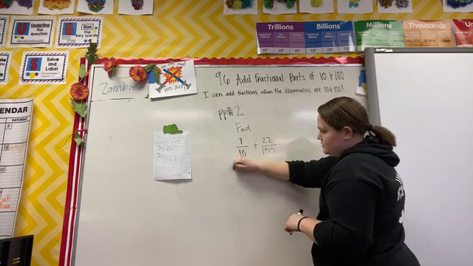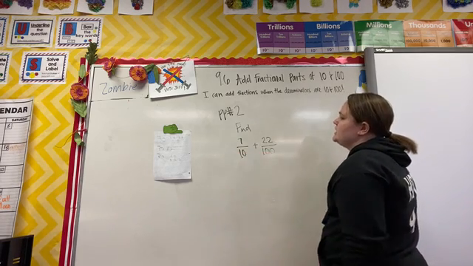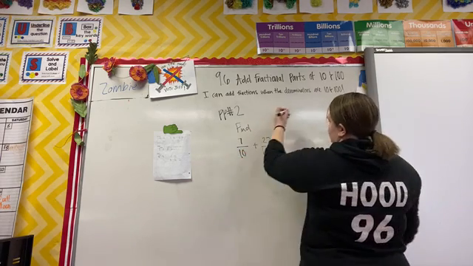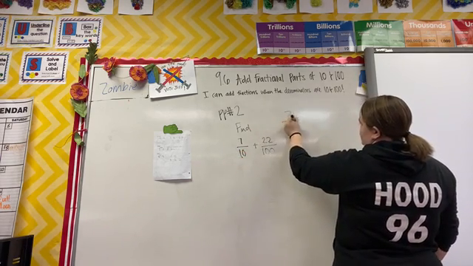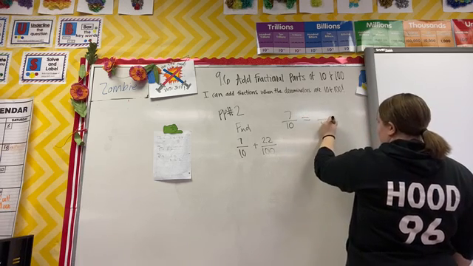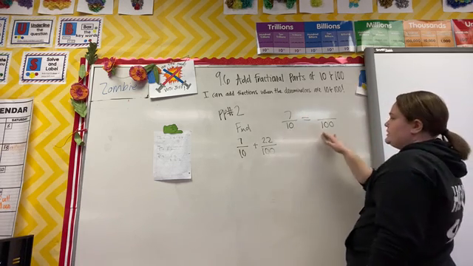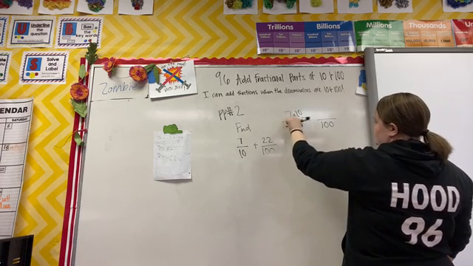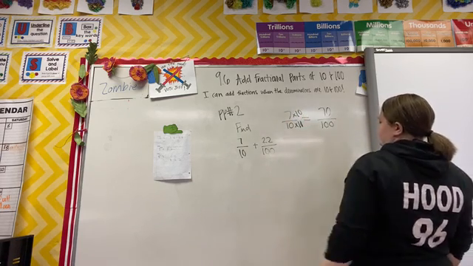Okay, I have one in my tenths, one in my hundredths, so I need to make my tenths an equivalent fraction of 100. So 7/10 equals something over 100. I'm going from smaller to bigger, so I times by 10. 7 times 10 is 70.